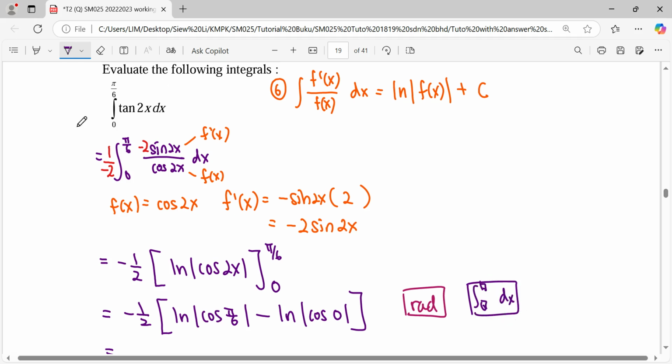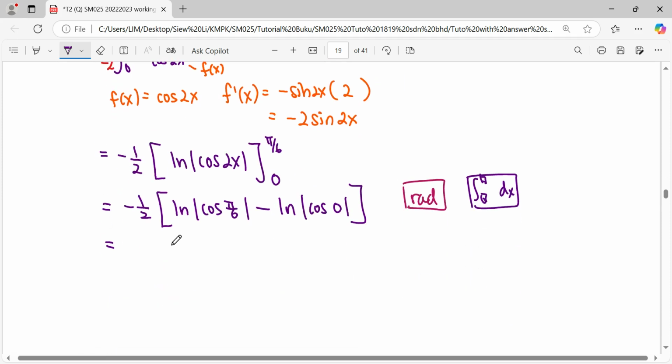Put in your lower limit and upper limit and tangent 2x. You can get your final answer value here, which is negative 1 over 2 times ln 1 over 2. If you want to put it in decimal, you also can. So this is ln 1 over 2.